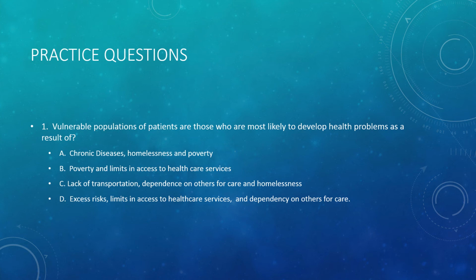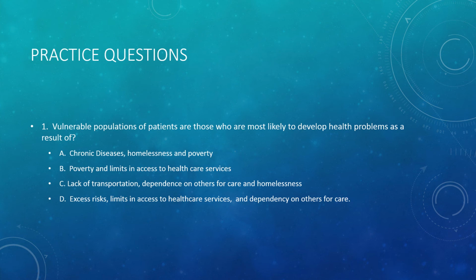Vulnerable populations of patients are those who are most likely to develop health problems as a result of, and your choices are: chronic disease, homelessness and poverty; poverty and limits in access to healthcare services, lack of transportation; dependence on others for care and homelessness; excess risks, limits in access to healthcare services, and dependency on others for care.